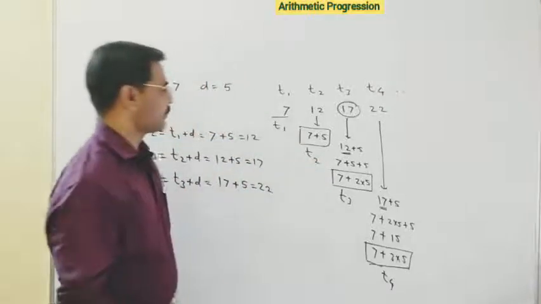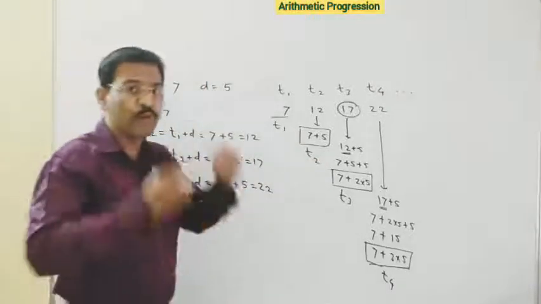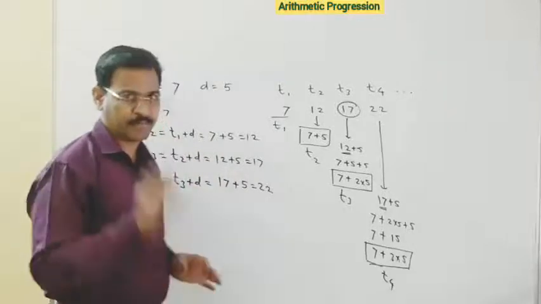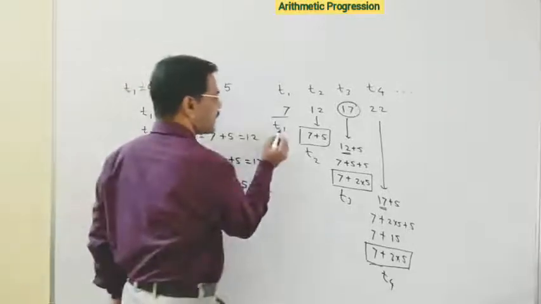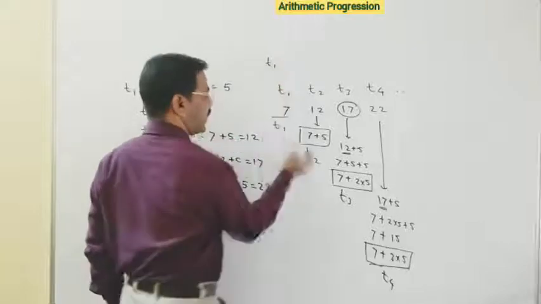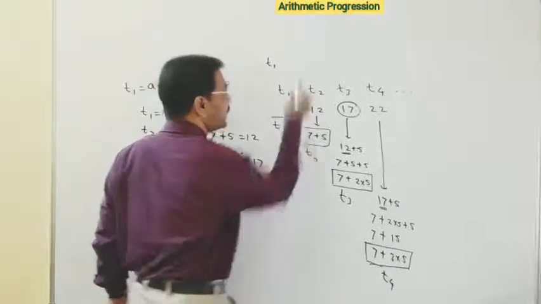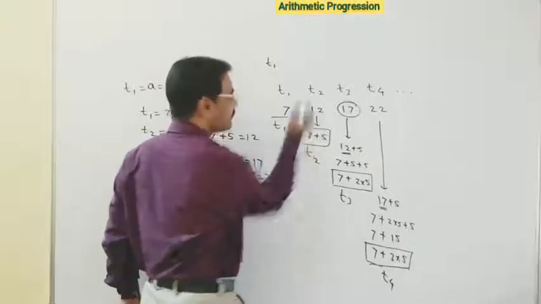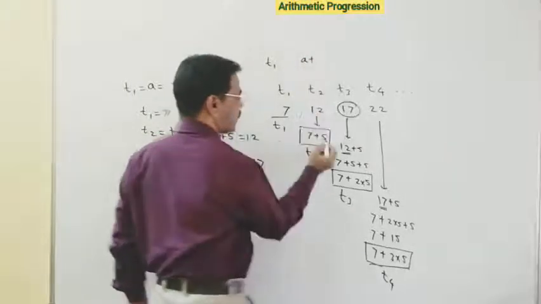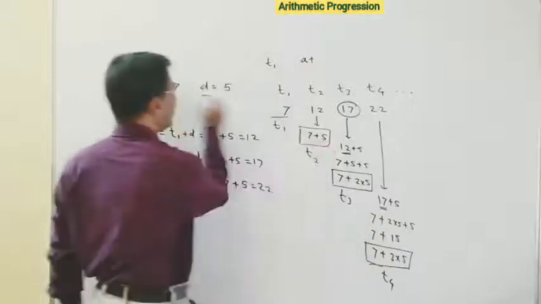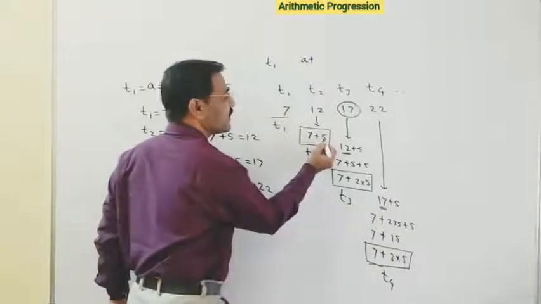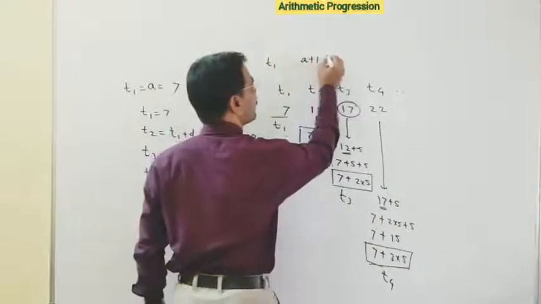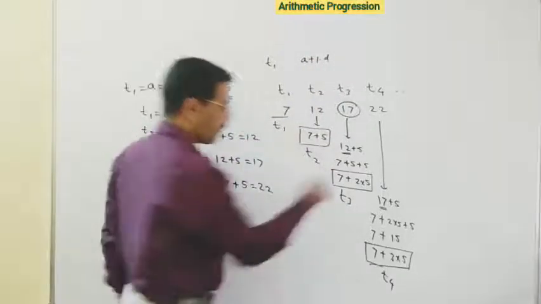If you observe here, we are going to make some generalization. This is T1, and this is T2. T2 is nothing but T1, means A, plus 5. What is this 5? 5 is D. How many times? One time D. What about this one?